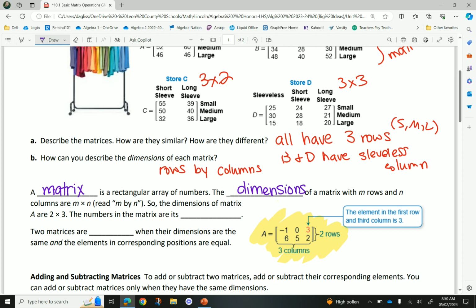The numbers inside of the matrix, that -1, that 5, that 3, okay, these are called elements. All right? Two matrices are considered equal when their dimensions are the same and the elements are the same.